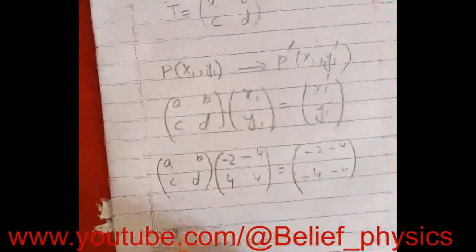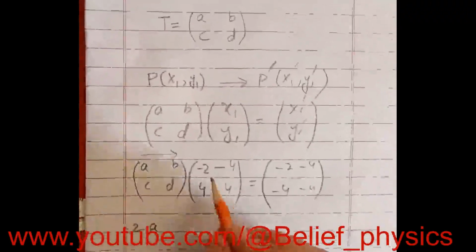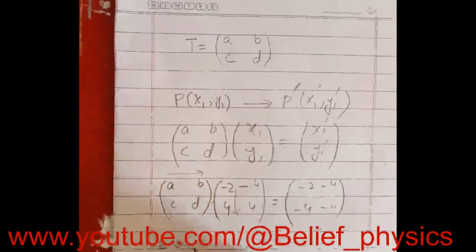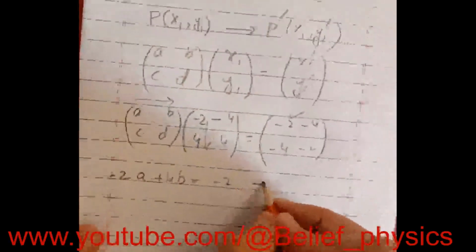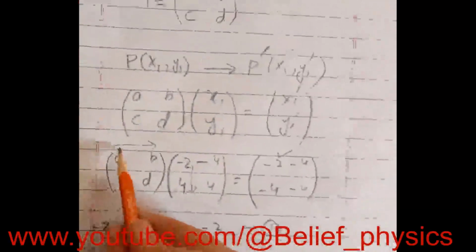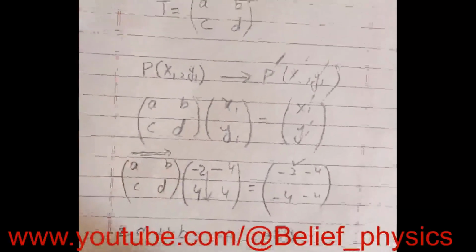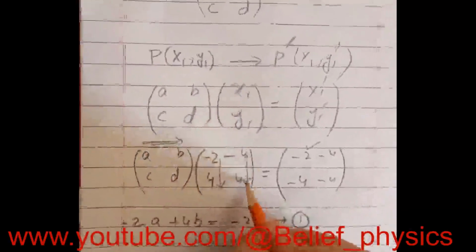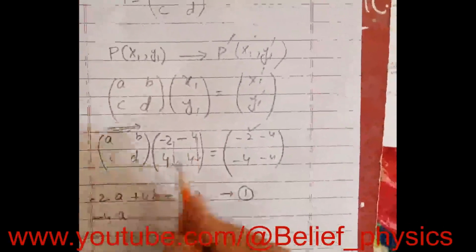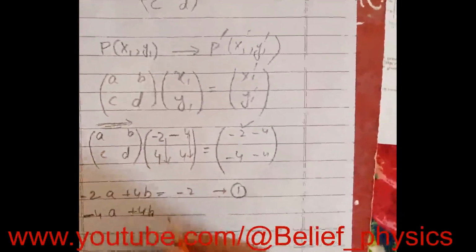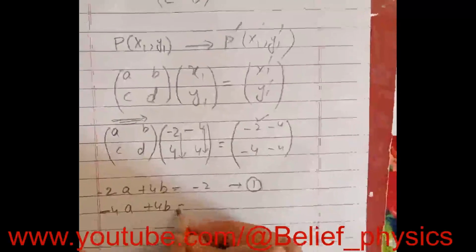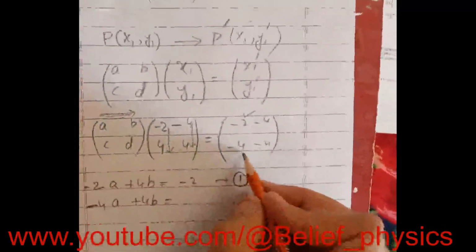Now I solve it. I multiply: -2a plus 4b should be equal to this number, -2. This is equation number 1. Next, I multiply this, and this will be equal to -4a plus 4b, again -4a plus 4b is equal to this number, -4.